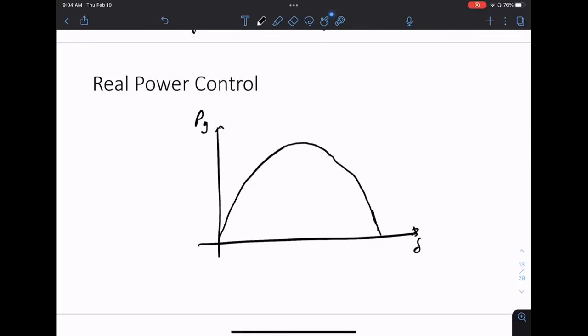If you want to deliver a certain amount of active power to the grid, that directly gives you the angle you should be operating at. So if you pick a power, you operate at some angle.